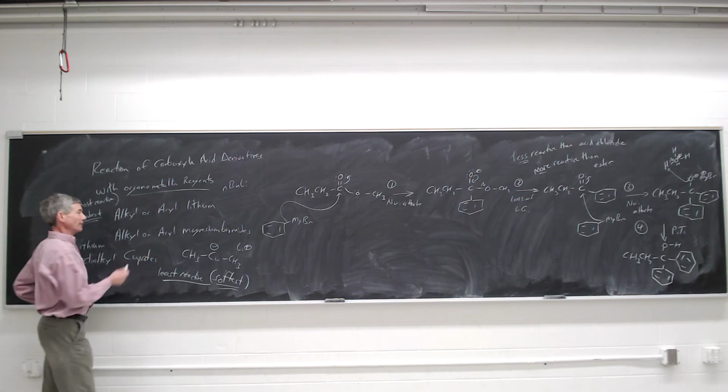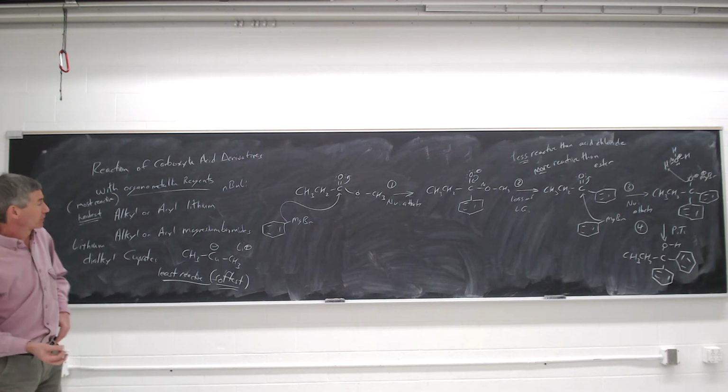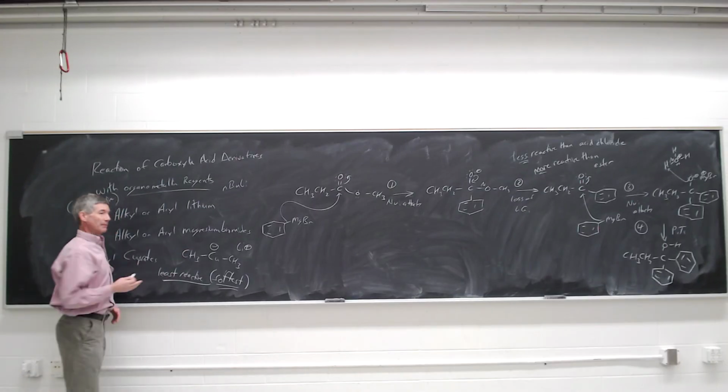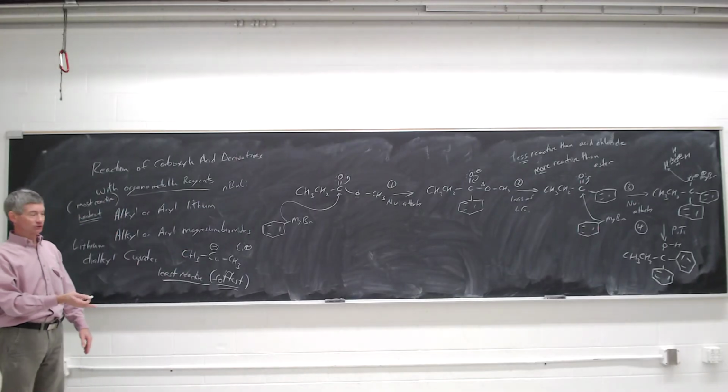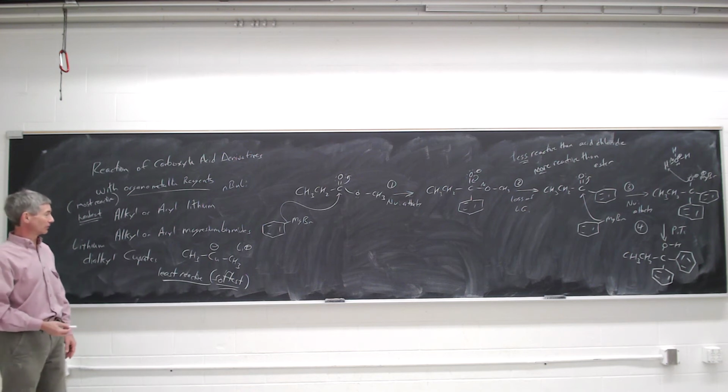We know that cuprates don't add 1,2 to a carbonyl of an alpha beta unsaturated carbonyl. We know that they prefer to add to the 4 position, to the carbon at the end of that alpha beta unsaturated system.